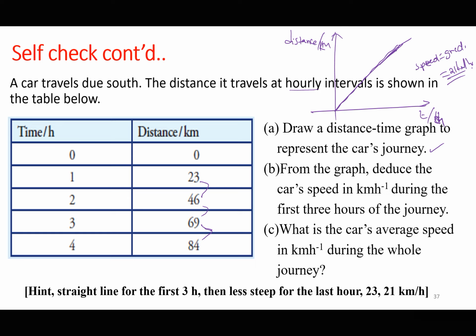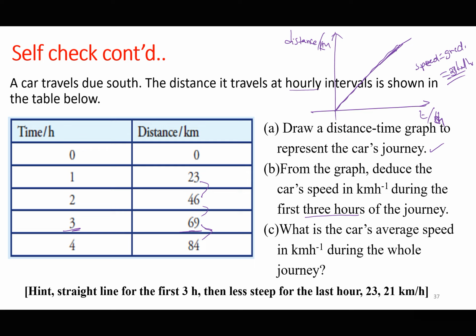They said from the graph, deduce the car's speed in kilometers per hour during the first 3 hours of the journey. After 3 hours, the distance is 69 kilometers. So I can see 69 divided by 3. So you should get 23.